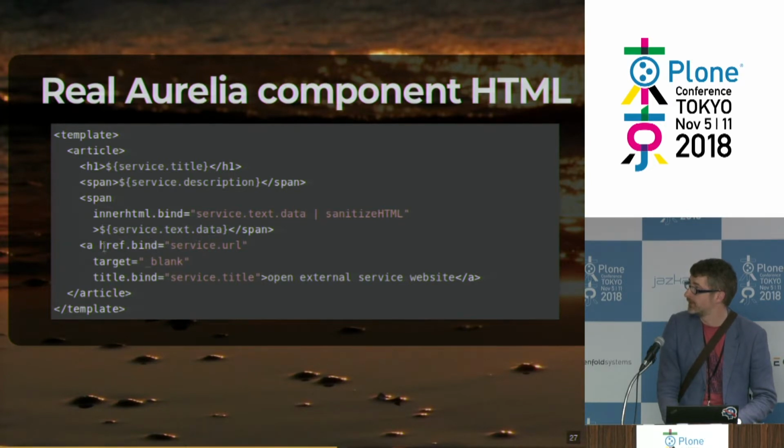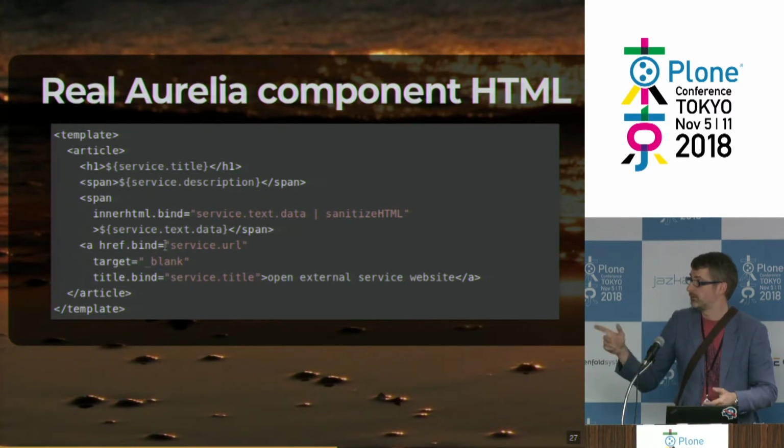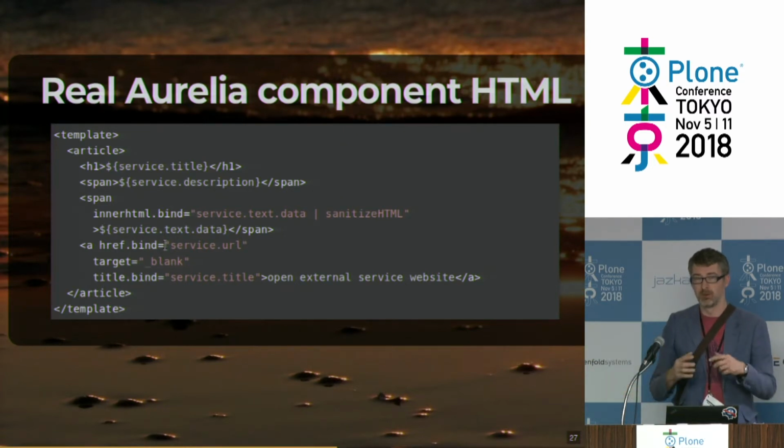And this is how binding works. What I really like about Aurelia is you read it and you understand it. There's an href and this is bound to this variable. There's nothing cryptic; in Angular, for example, there are some symbols you have to know what they're doing. Here it's kind of clear.